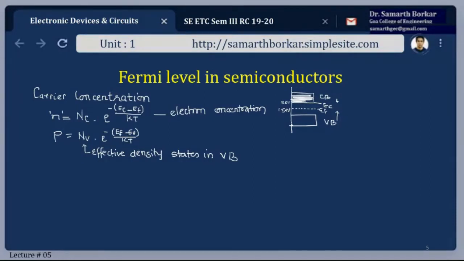Now, EF we already discussed, it is the Fermi level. EV is the energy of the topmost level in the valence band. So this is EV, and the difference between EC and EV is the energy band gap. Fine. So NC is the effective density of energy states in the conduction band.